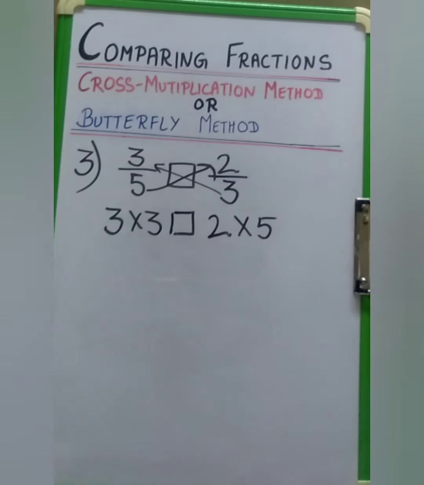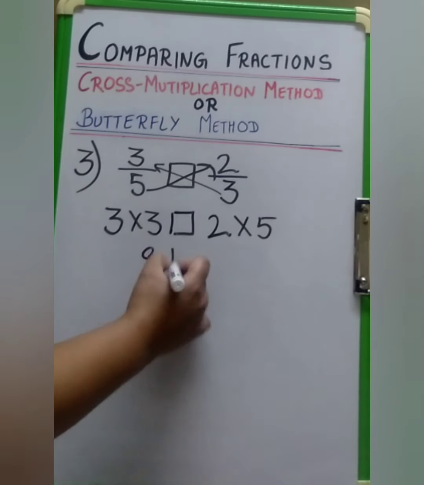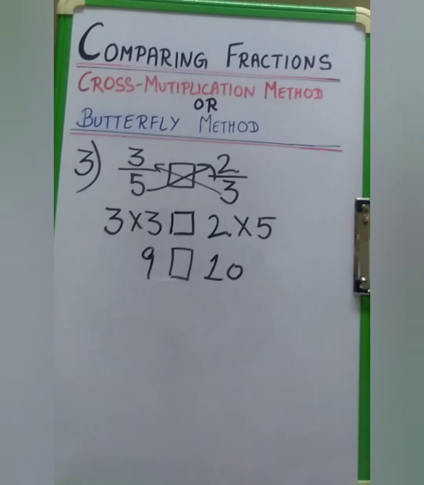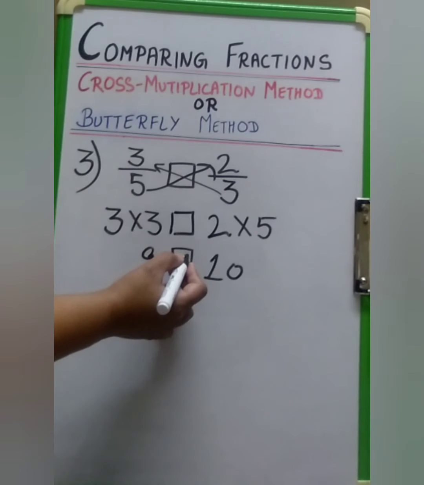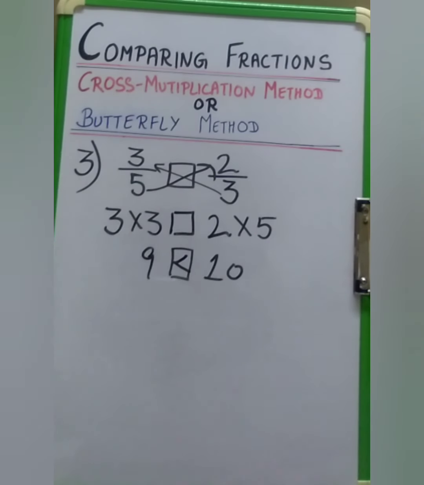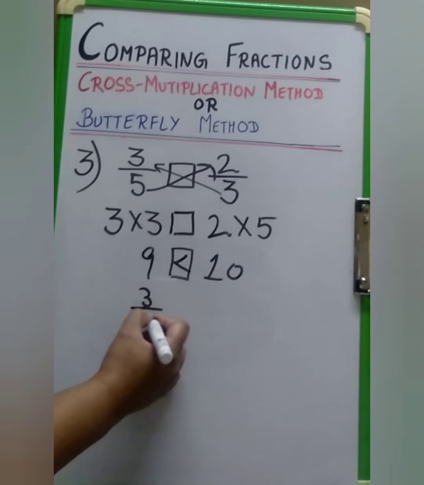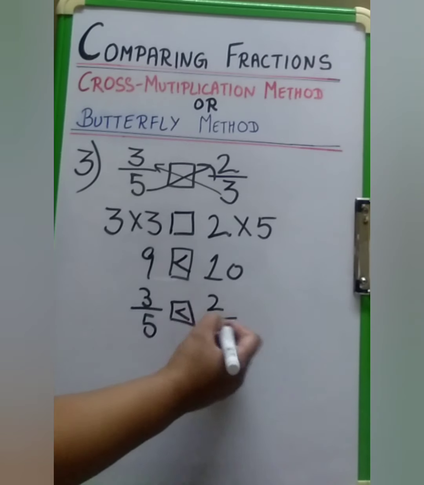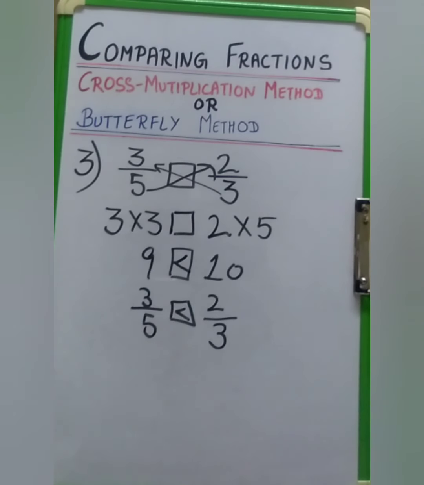Now do the product. 3 3s are 9 and 2 5s are 10. So just check which one is greater. 10 is greater, so the crocodile's mouth will be open towards 10, right? So it means that 3 upon 5 is less than 2 upon 3.